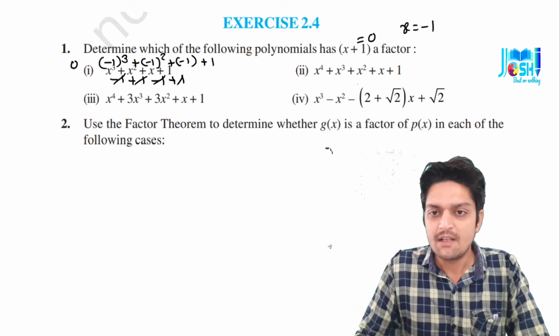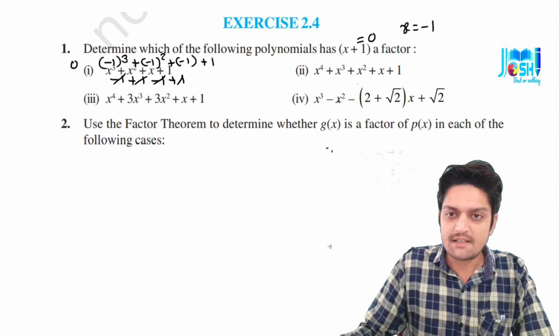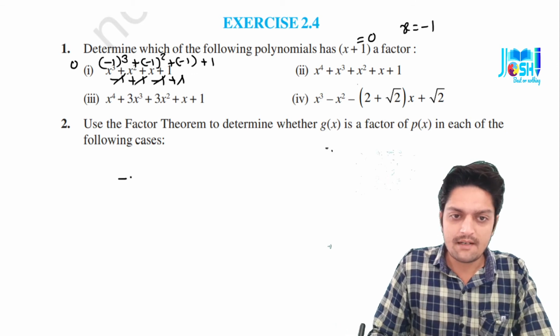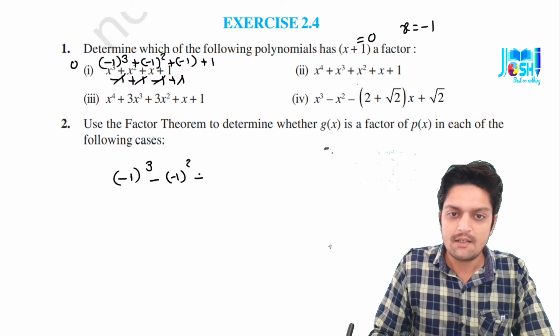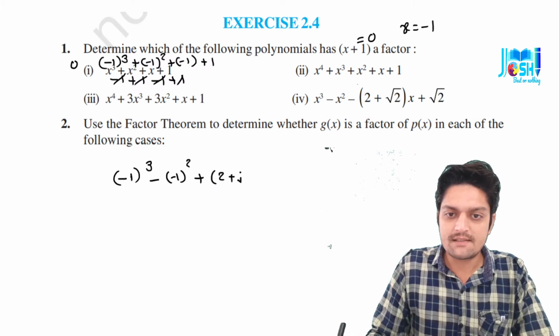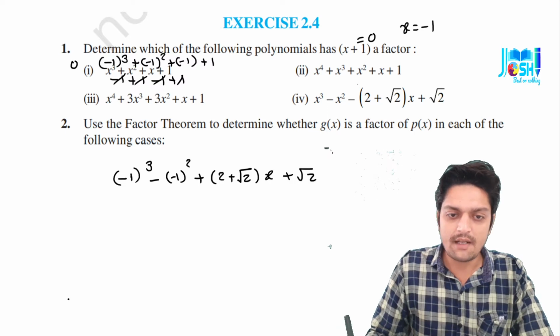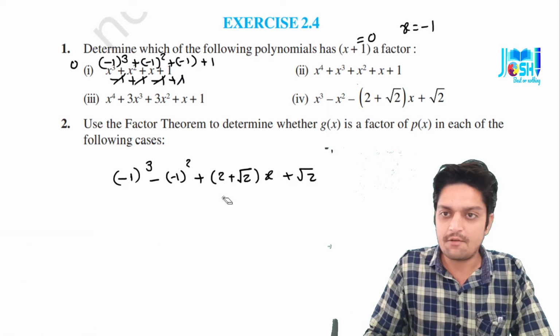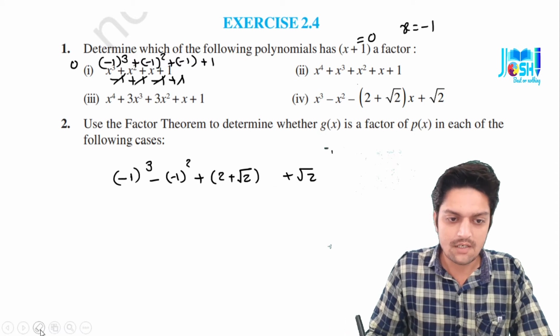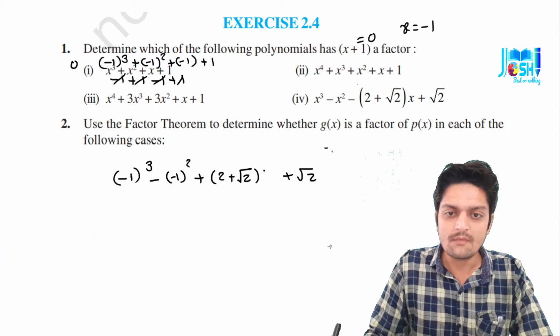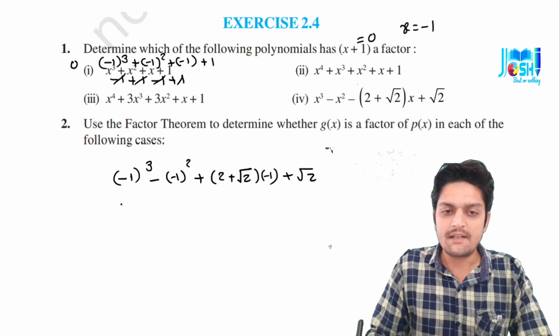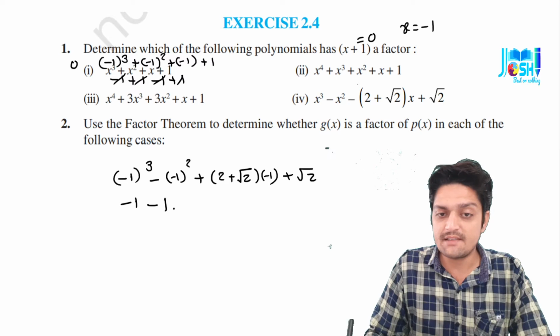Just see here, minus 1, see that thing I am simplifying here. Okay, I will write here minus 1 cube, minus 1 square plus 2 plus root 2 into x, as it is plus root 2. Sorry, not x, instead of x I have to write minus 1. It was my mistake, I will write here minus 1. Okay, minus 1 cube is minus 1, minus 1 square is plus 1, but here a minus 1 sign is already there.